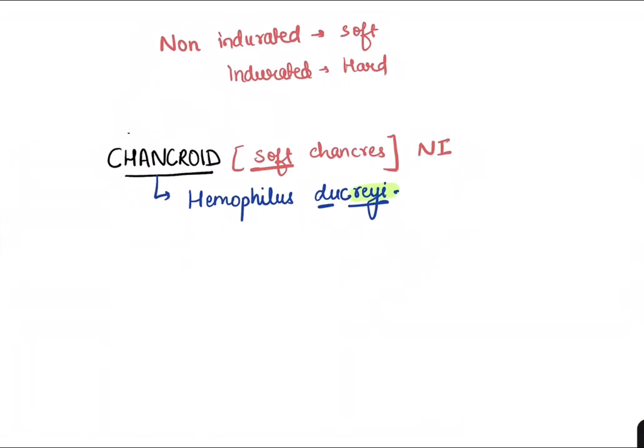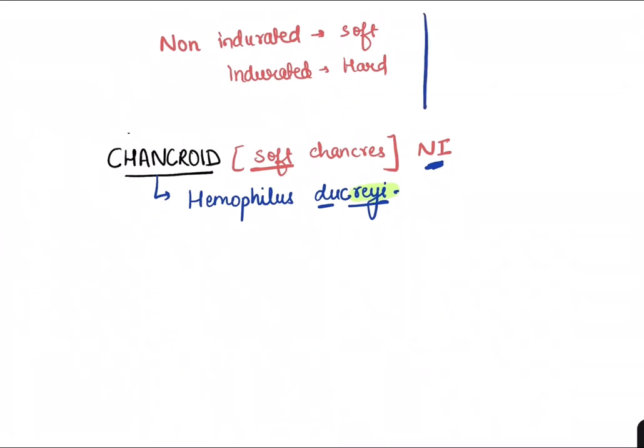Now we have to remember a few points. These are soft chancres because first the primary lesion is a small pustule, and when it breaks open it forms a genital ulcer, a soft chancre, which is non-indurated.